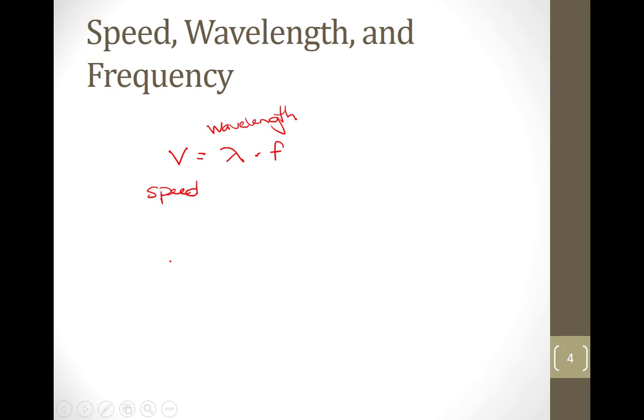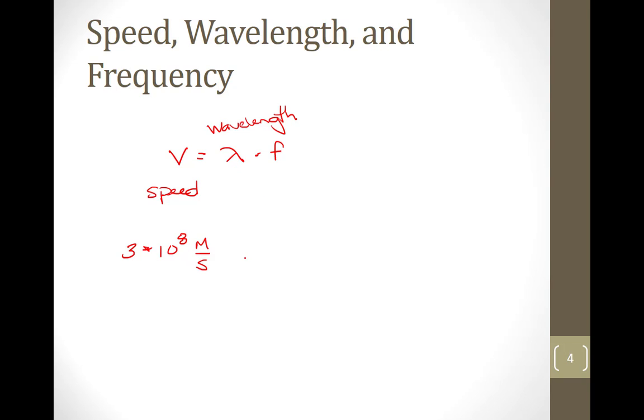So let's pick on something that you probably don't know, but it will help illustrate this. Radio waves are a type of electromagnetic wave. They travel in vacuum at a speed of 3 times 10 to the 8th meters per second. In air, it's a little bit less, but we're talking not very much less.